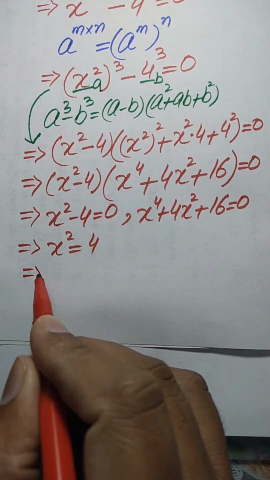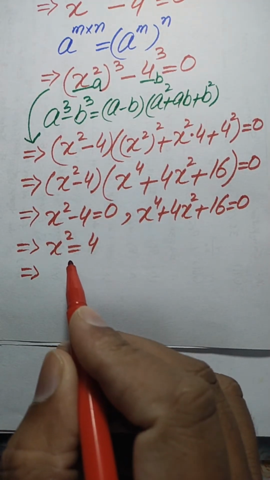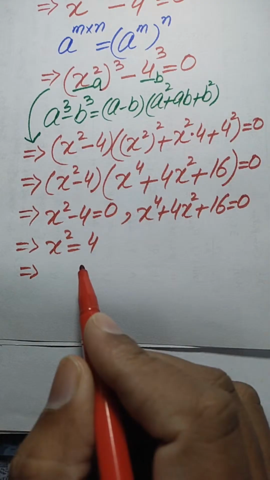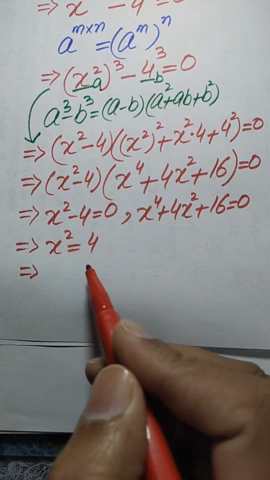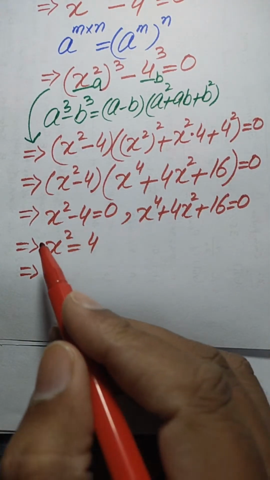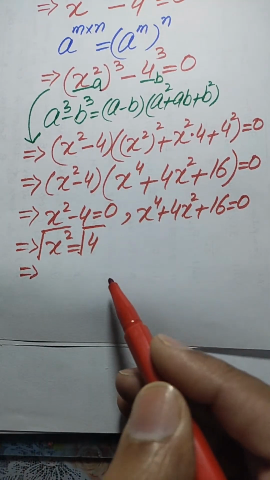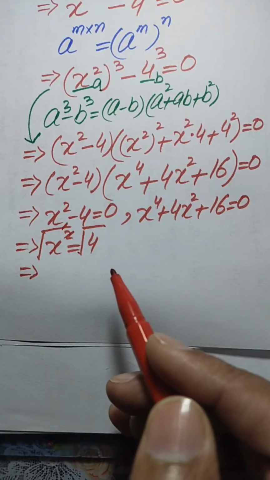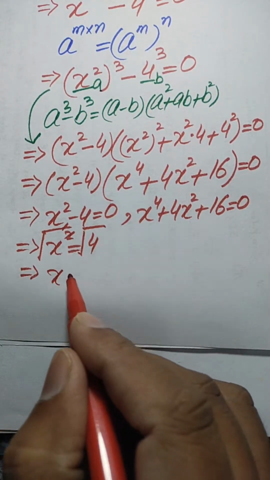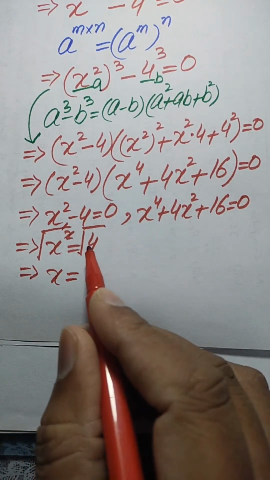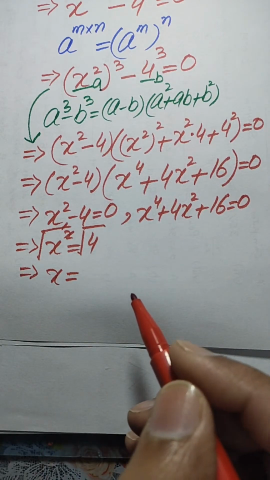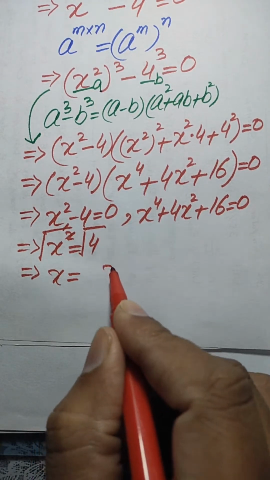And for the values of x we need to take the square root on both of the sides. When we apply the square root on both sides, it will be written in this form. So the 2 and this square root are gone, and we get x equals, we know that the square root of 4 is equal to 2.